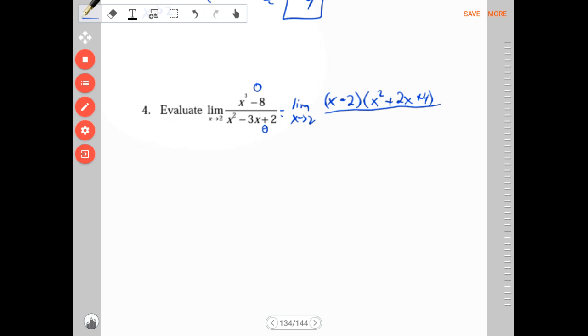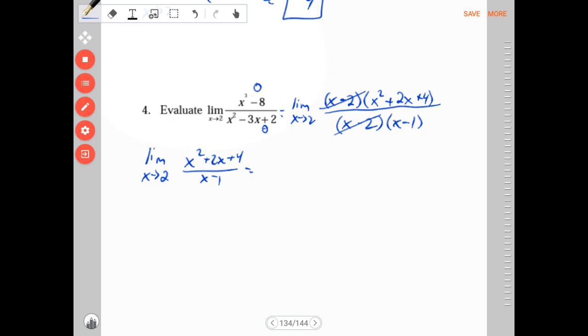The bottom is just regular factoring: factors of 2 that add to 3, so that's 2 and 1, so x minus 2, x minus 1. Look, that part cancels, leaving us with a continuous part left over. So the limit as x approaches 2 of x squared plus 2x plus 4 over x minus 1.